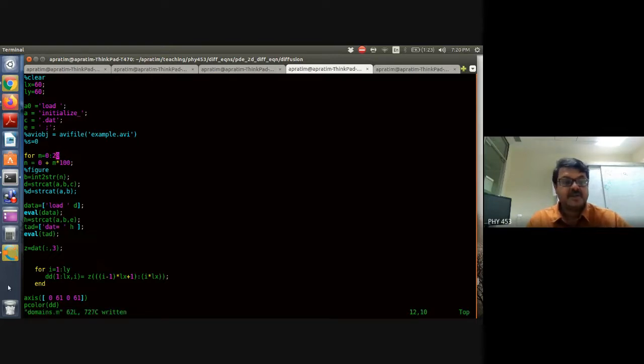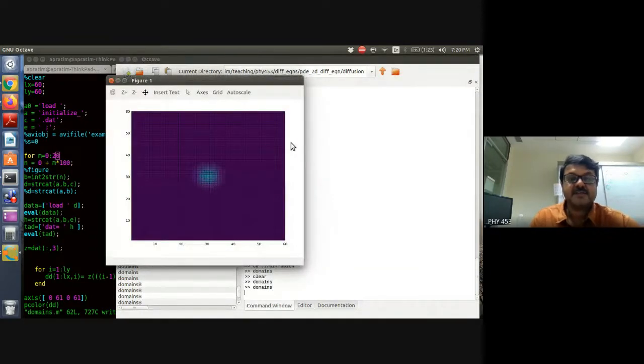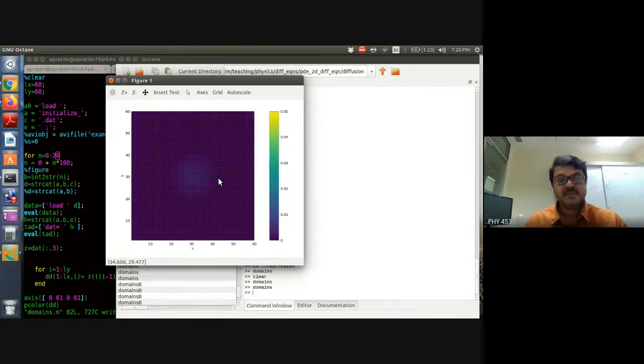Now if I plot the movie, you see that at time t equal to 0, there was a very bright spot. I think you didn't get to see it, and it has diffused out all over the lattice. So that's what you're seeing.